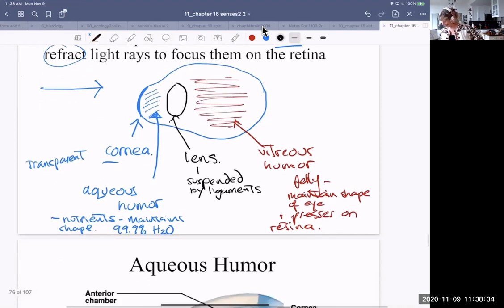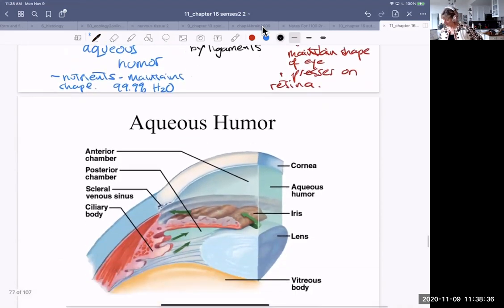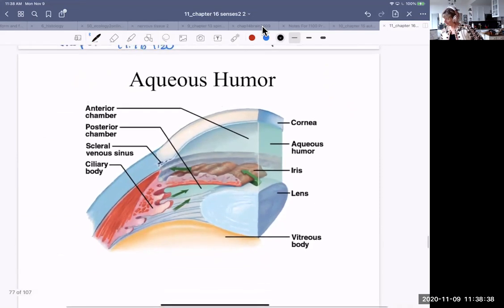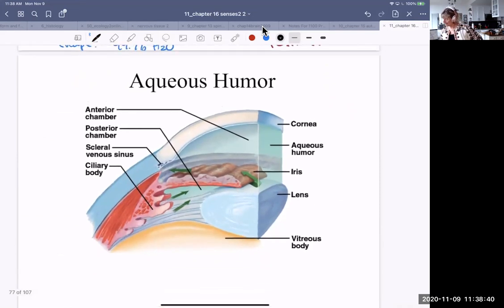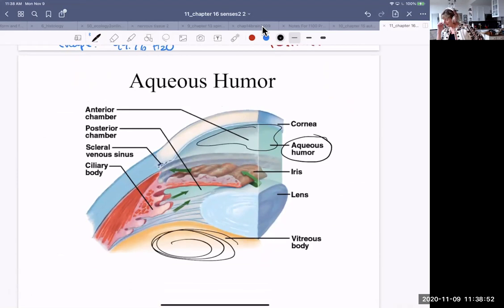Good, okay. Moving along, aqueous humor. Here it is here. It's important to remember that it's in front of the lens, whereas the vitreous humor back here is behind the lens. Yeah, so it's produced by the ciliary body, produces some of it.